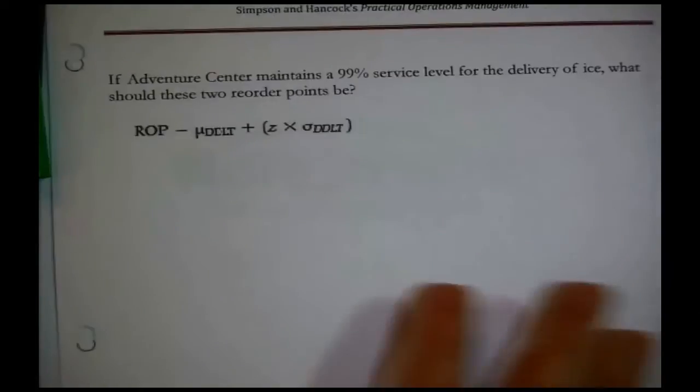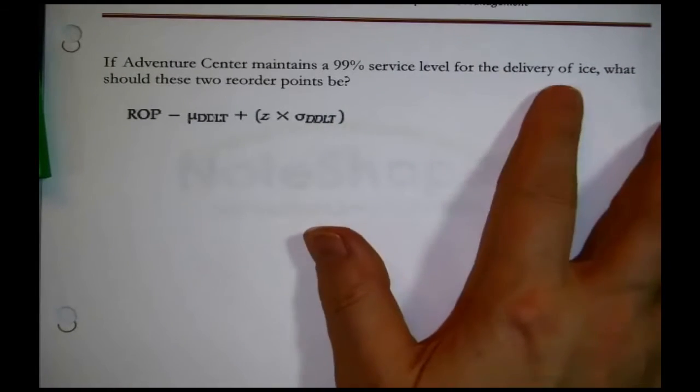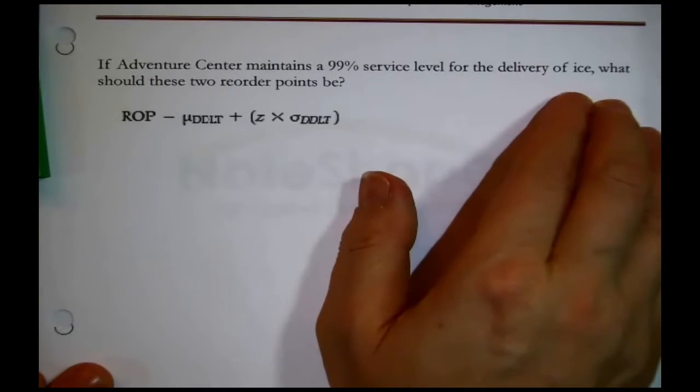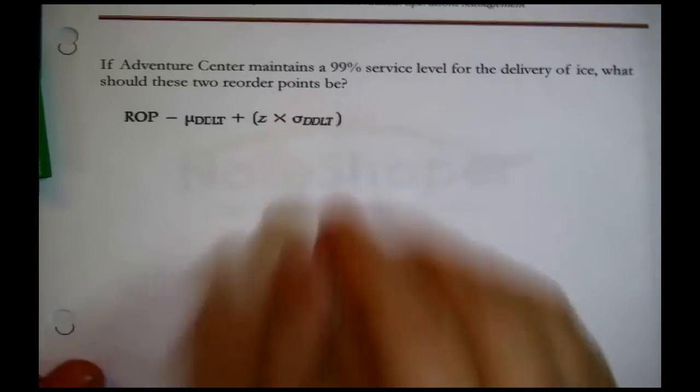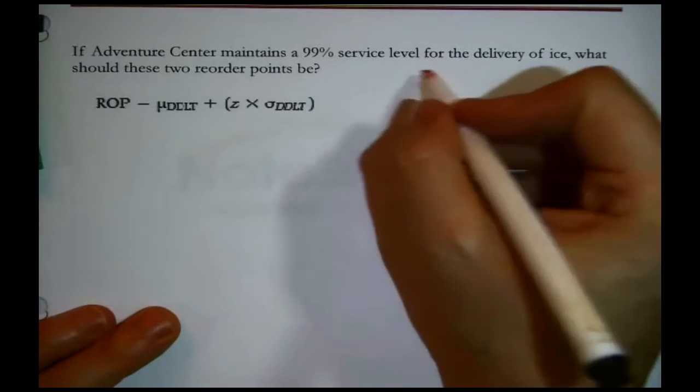No matter of fact, they must not be happy with it, because we're not actually done with this analysis. I have another question. If Adventure Center maintains a 99% service level for the delivery of ice, so that would be either kind of ice, what should these two reorder points be? Again, cubed ice is simple.